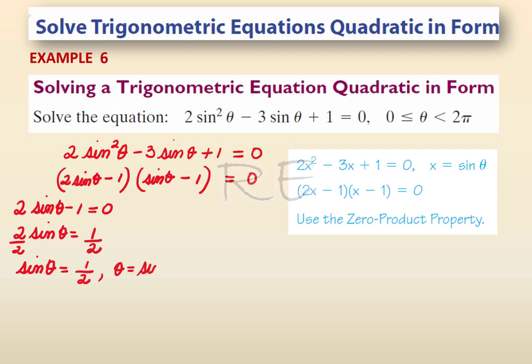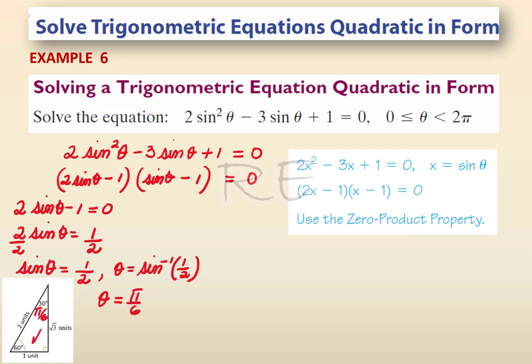The arc whose sine is equal to 1/2, according to the reference triangle, is pi over 6. Pi over 6 is located in the first quadrant.